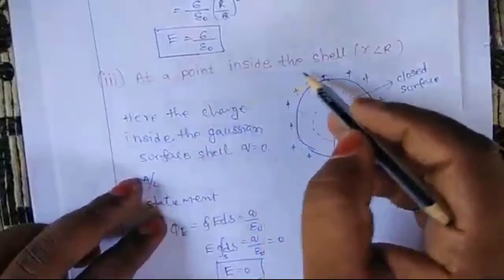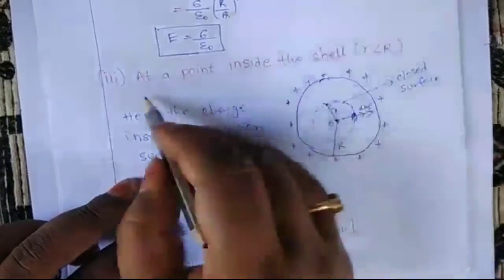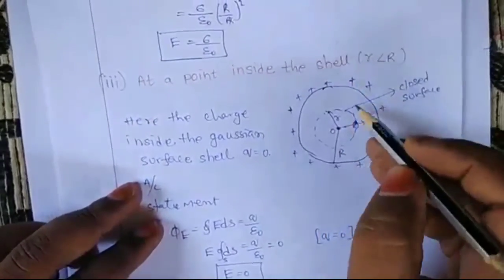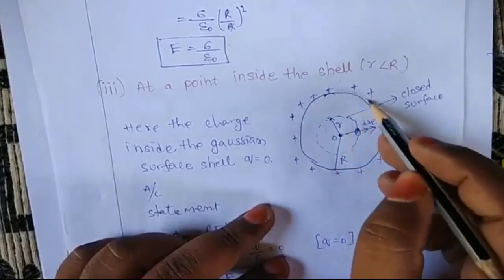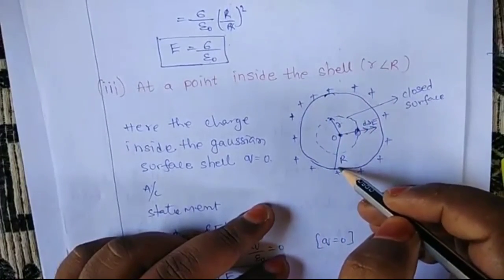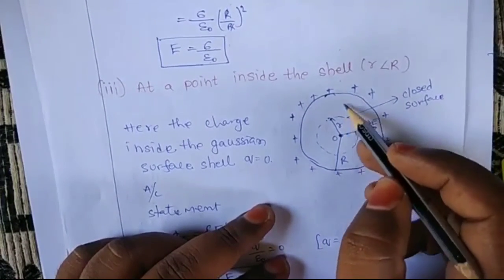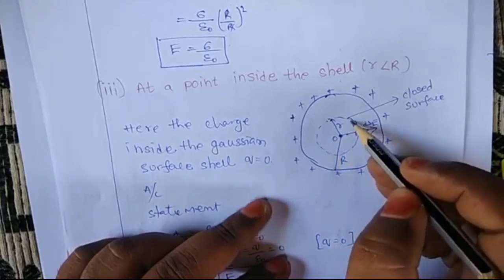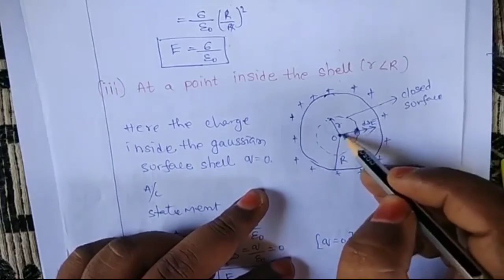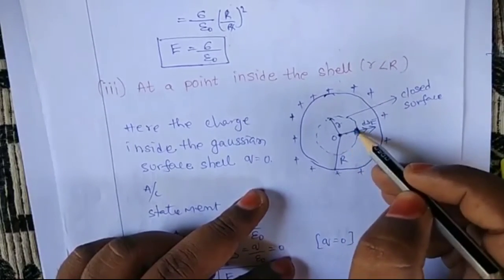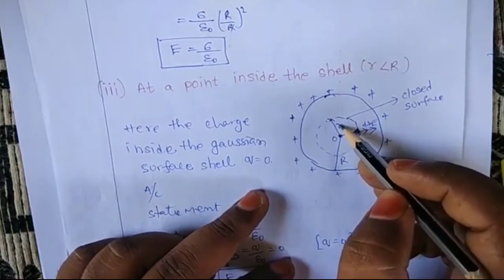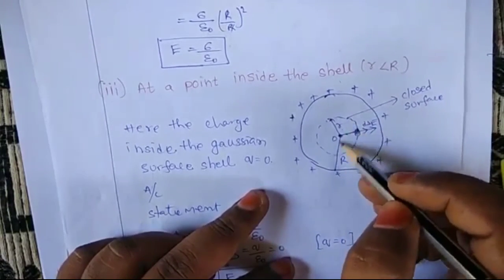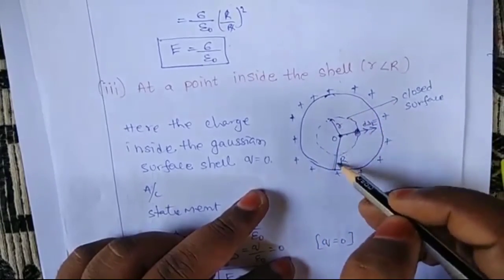In the third application of Gauss law, the third point is at a point inside the shell. This is a spherical shell, and we can calculate the electric field intensity inside it. At this point the radius is denoted small r, because the Gaussian surface has radius small r, and capital R is the radius of the shell.